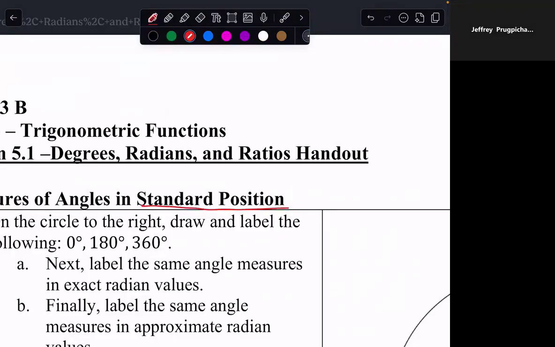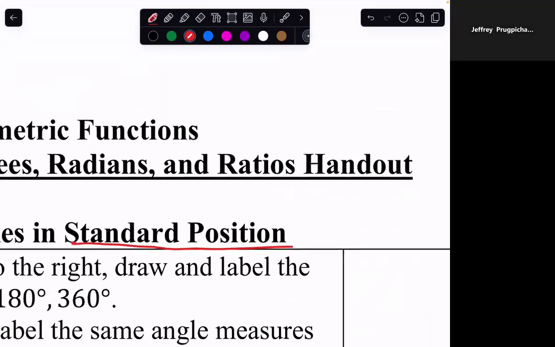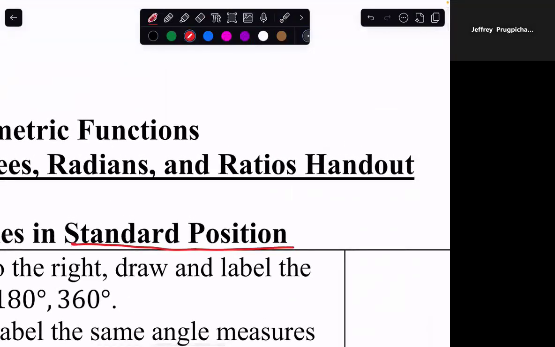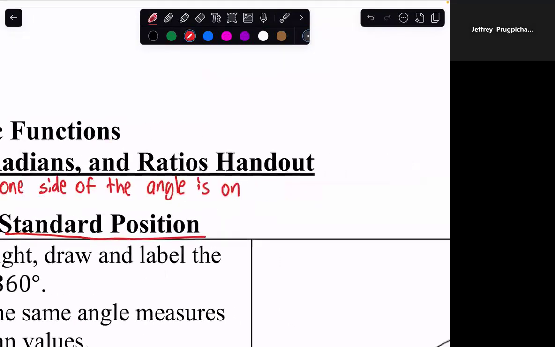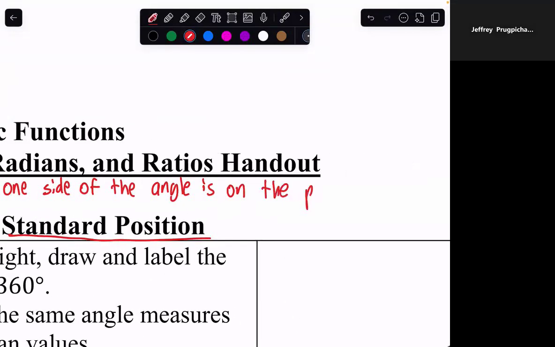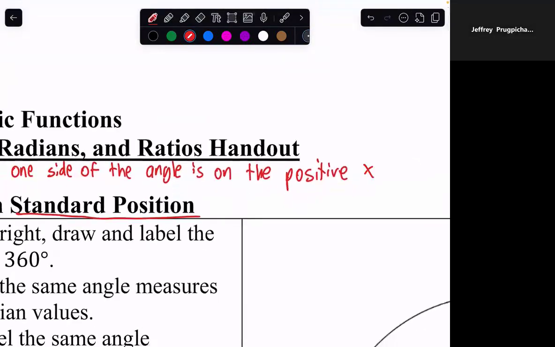In order for an angle to be in standard position, what that means is that one side of the angle is on the positive x-axis.